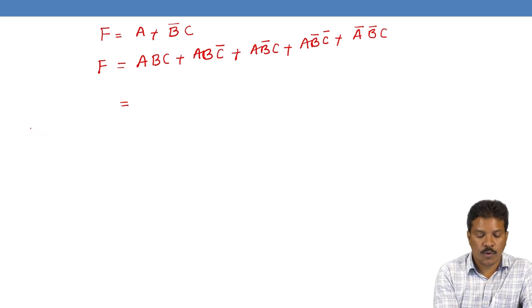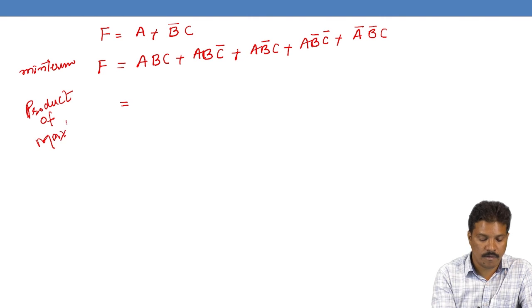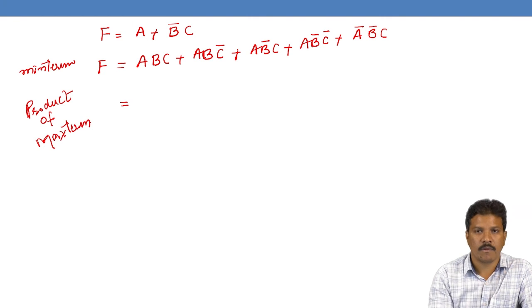So this is the minterm representation, sum of minterms. Now we can represent it with the product of max terms.